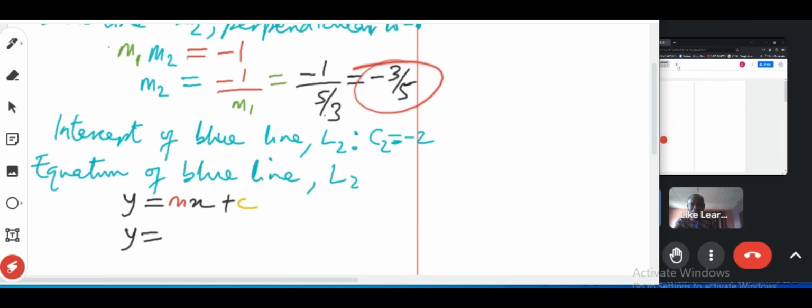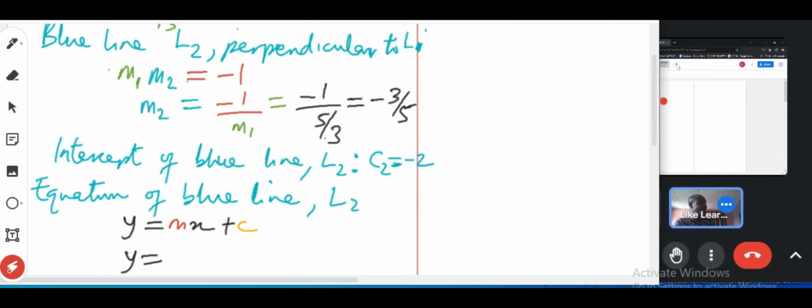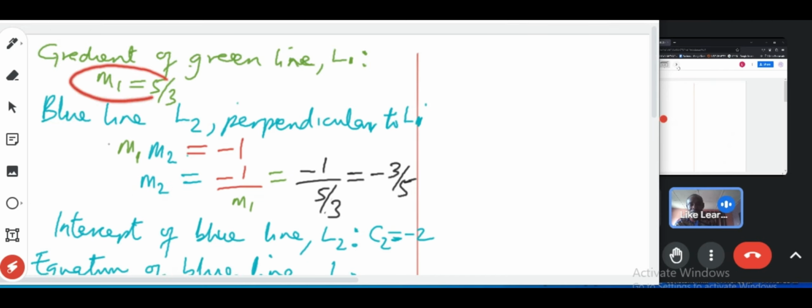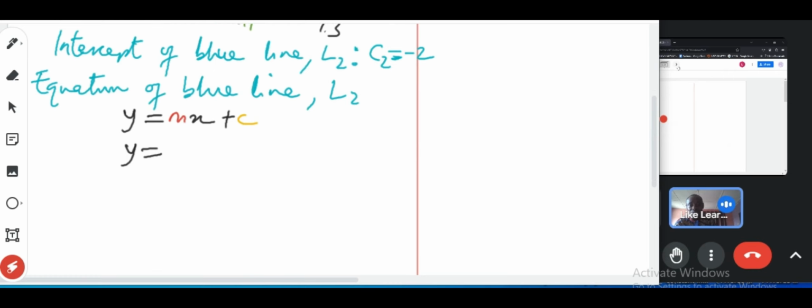Are you serious? The gradient of the blue line is minus 3 over 5. Did you remember? Yeah. The gradient of the blue line is minus 3 over 5. So that's what you are going to use for the gradient to replace m. It's no longer the gradient of the green line. It's the gradient of the blue line you are using.